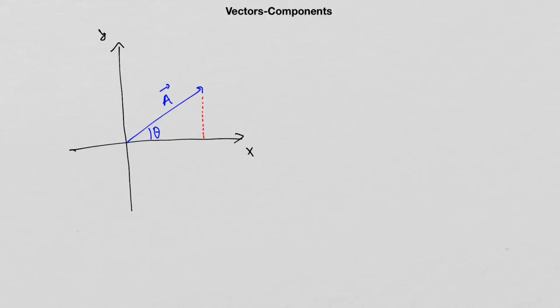So ax is the vector component of A along the x-axis, and ay is the vector component of A along the y-axis. And so by the rules of vector addition, vector A is equal to ax plus ay. And so ax and ay are known as component vectors of A.